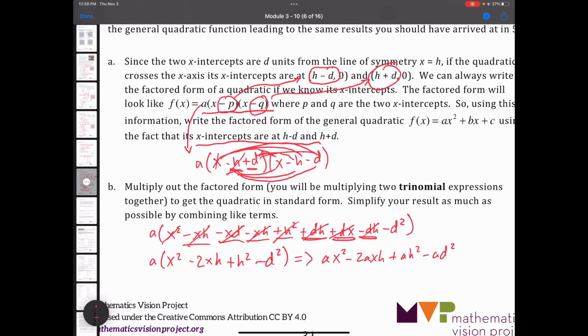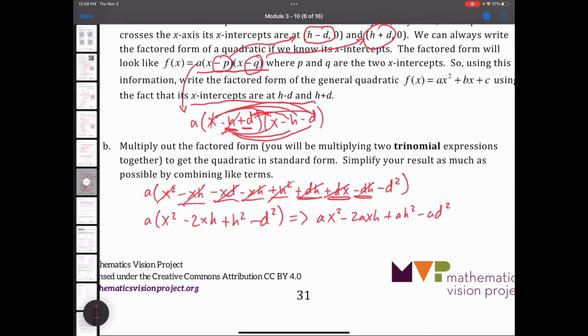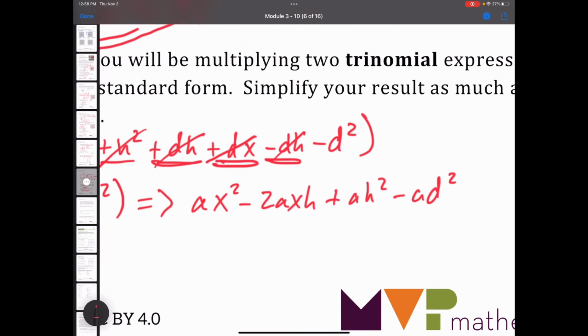Okay. And finally, what I'm going to do is put this in terms of that typical ax squared plus bx plus c. It might be a tiny bit easier to look at if I think about this in terms of the ax squared, this in terms of the bx, and this in terms of the c.